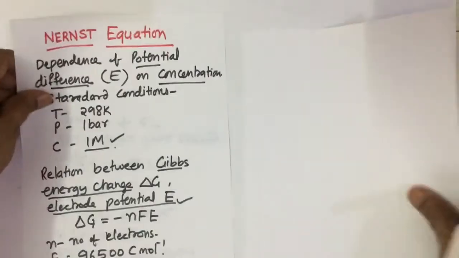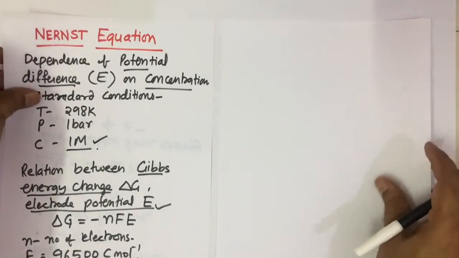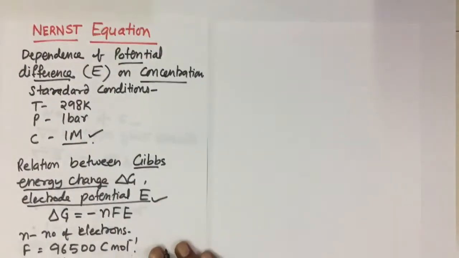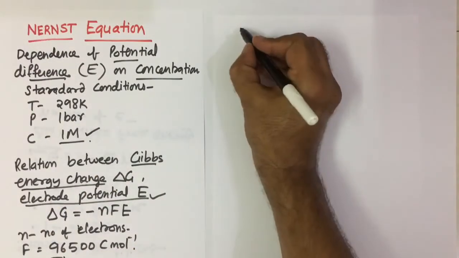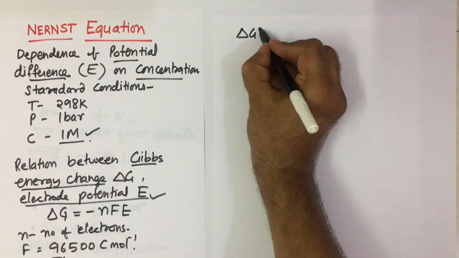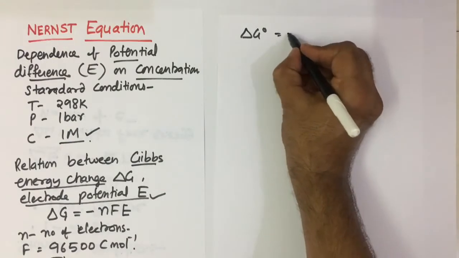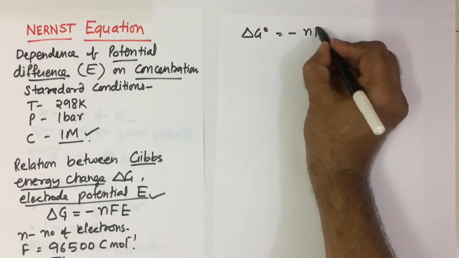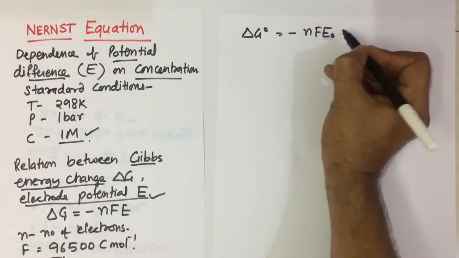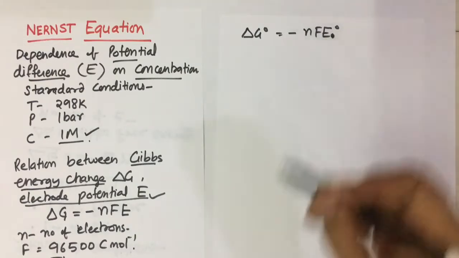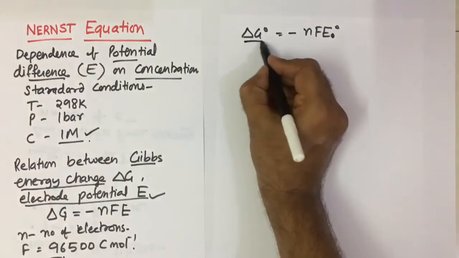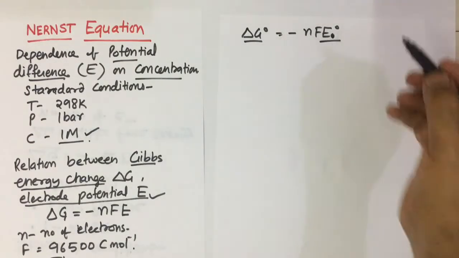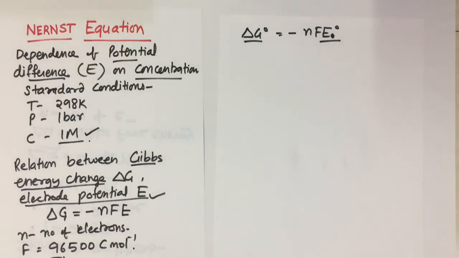Now under standard conditions, delta G naught is equal to minus nF E naught, where delta G naught is the standard Gibbs energy change and E naught is the standard electrode potential.